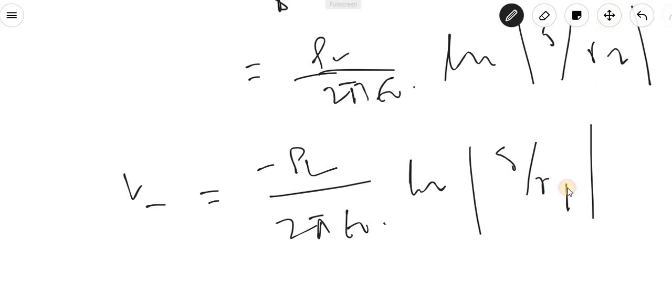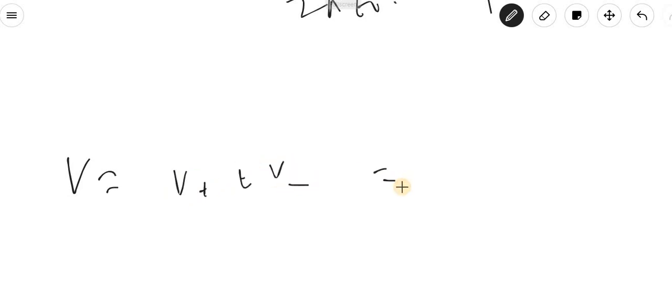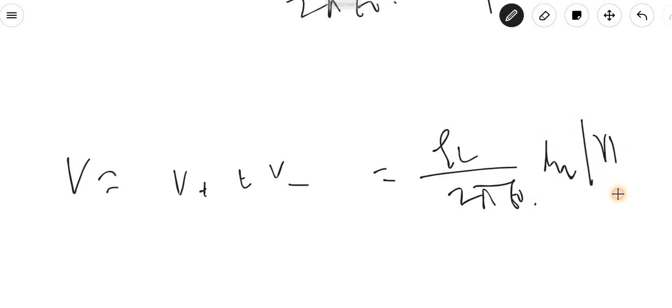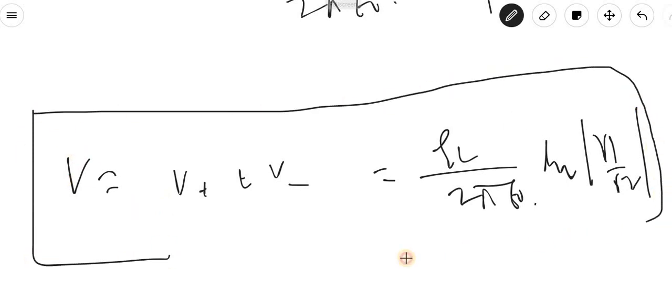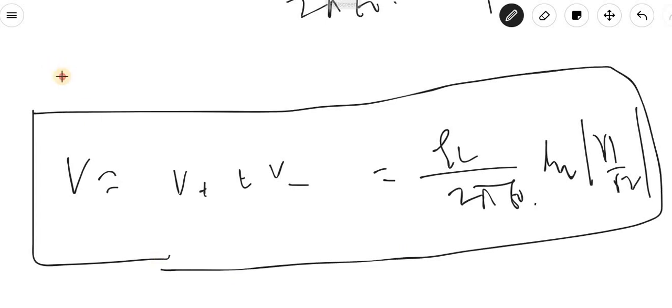So now the total potential, V plus V minus, we will be getting as rho L over 2 pi epsilon naught ln R1 by R2. Remember this expression, we will be utilizing it.